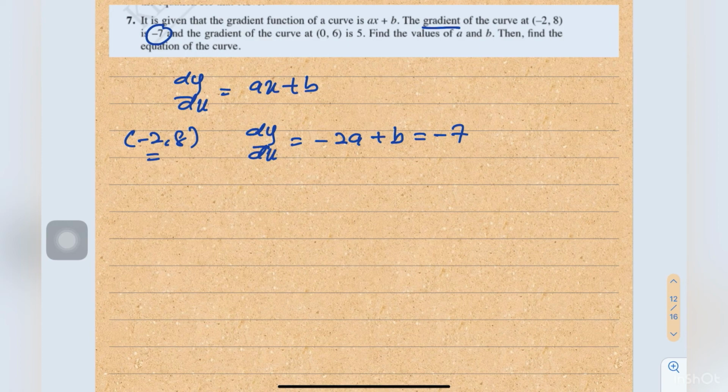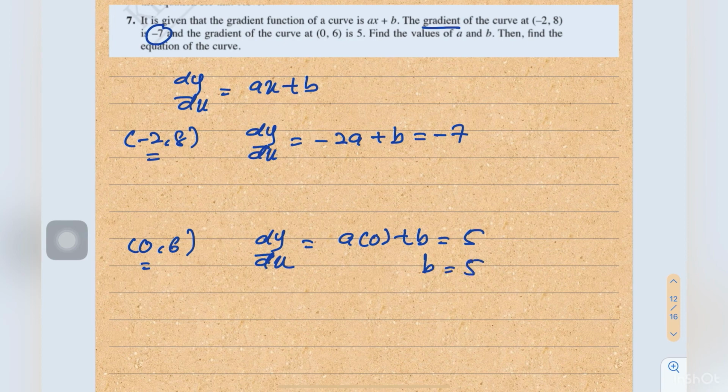The second one, given the point (0, 6), then dy/dx is 5. Then we substitute x equals 0. So a times 0 plus b equals 5. So therefore b equals 5.